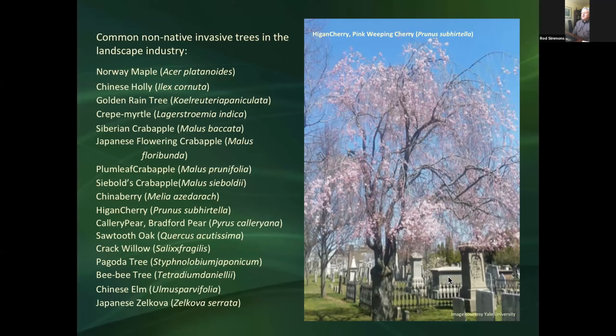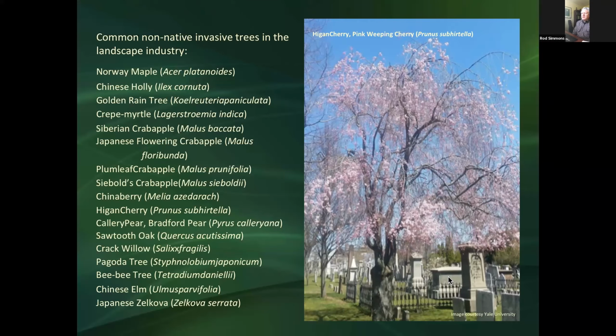So golden rain tree, bad weed. These are all species that really should not be planted. They're highly invasive. I sent an article that was just published recently that has a couple of these species in it. For instance, the crack willow here, Salix x fragilis.